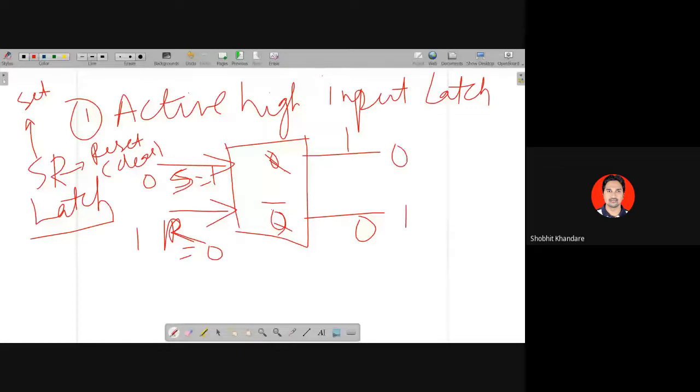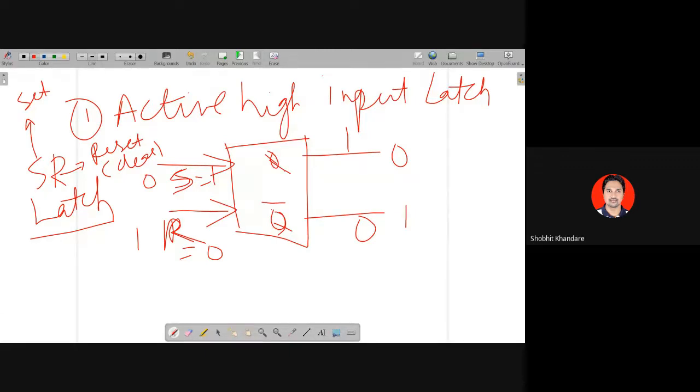This means, if I want output as 1, you have to set your latch. To set your latch, you have to give 1 to S and 0 to R input. If you want your latch to give output as 0, you have to give 1 to reset input and 0 to set input.